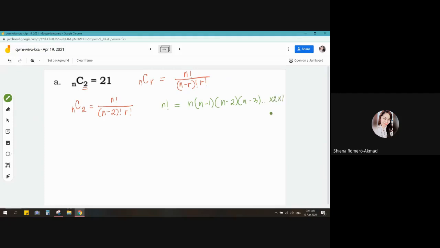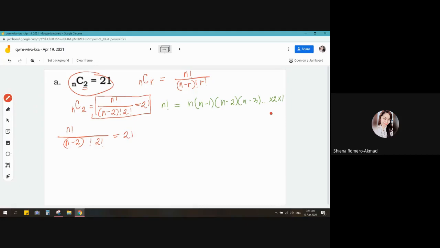Okay? So, ang gagawin natin, we will look for the factor na merong n minus 2 para pwede natin siyang i-cancel out. Okay? So, bago yun, ang gawin muna natin is we will equate this to 21. We'll get n factorial divided by n minus 2 factorial times r factorial, which is 2, and that is equal to 21.